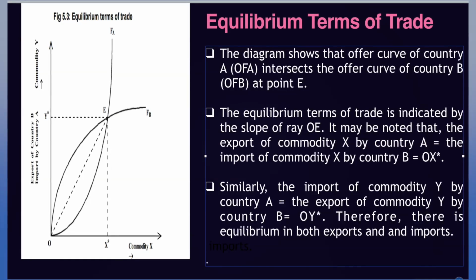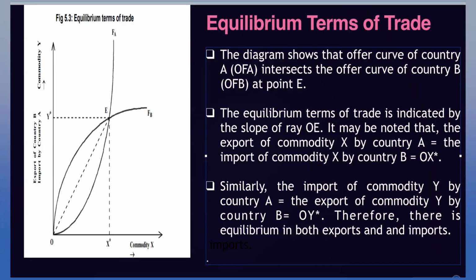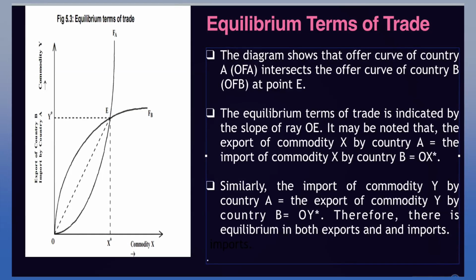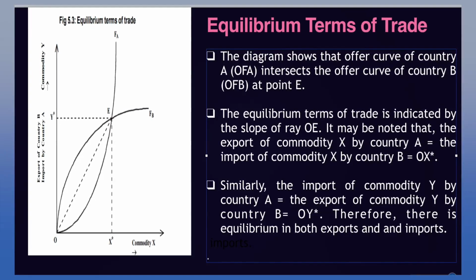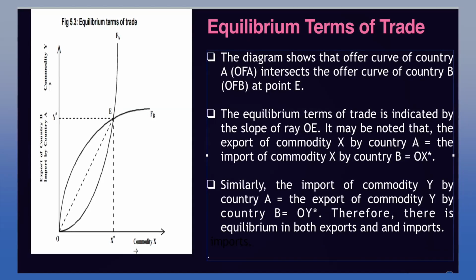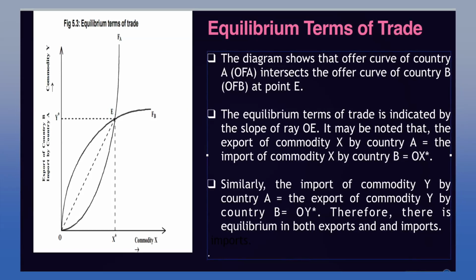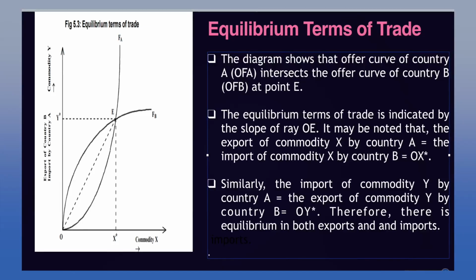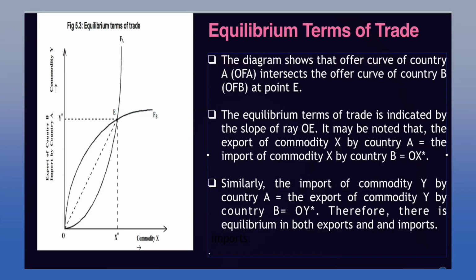As shown in figure 5.3, the diagram shows that the offer curve of country A, OFA, intersects the offer curve of country B, OFB, at point E. The equilibrium terms of trade is indicated by the slope of OE, and it may be noted that the export of commodity X by country A is equal to the import of commodity X by country B, which is equal to OX star. Similarly, the import of commodity Y by country A is equal to the export of commodity Y by country B, equal to OY star. Therefore, there is equilibrium in both exports and imports.